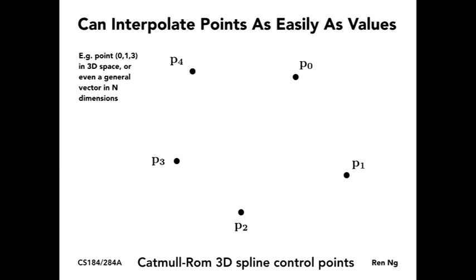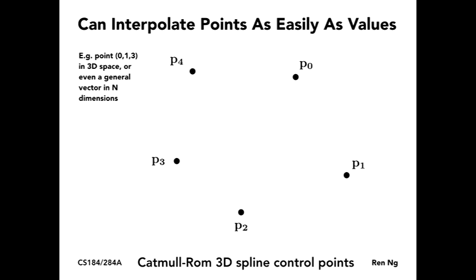So you could interpolate points and vectors. Let's just do it a little bit more explicitly. Okay, so here, Catmull-Rom 3D spline control points P0 through P4. So for example, a point, just to make this super explicit, right? It's a point like a 0, 1, 3 position in 3D space, okay? Or even any vector you want in Rn. So these points can be points in n-dimensional space.